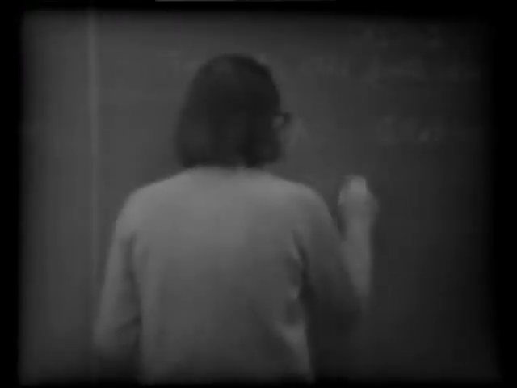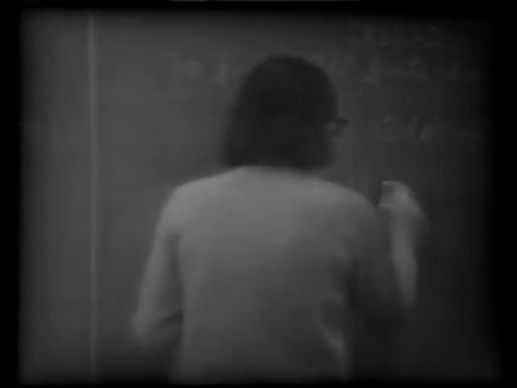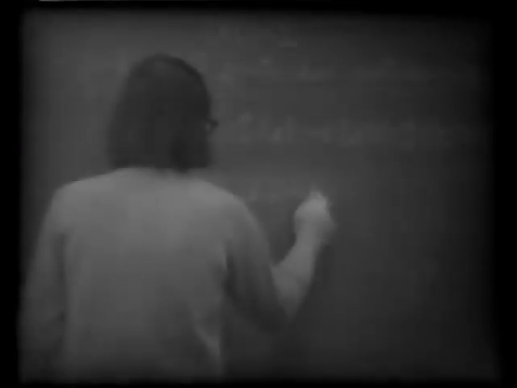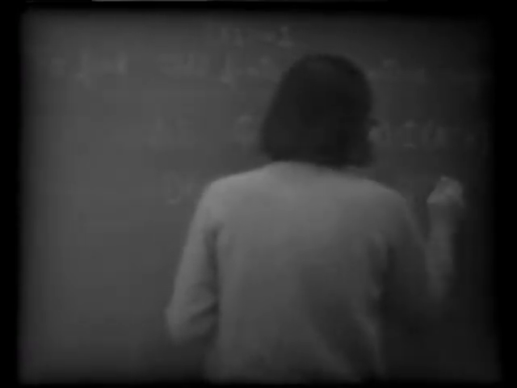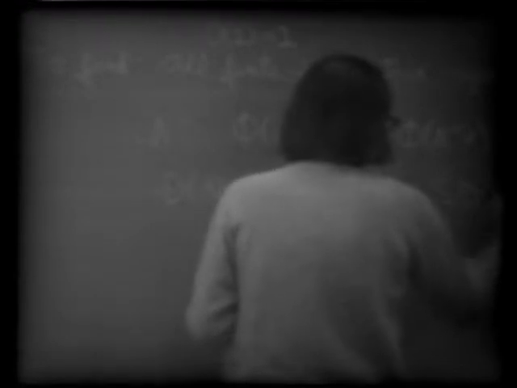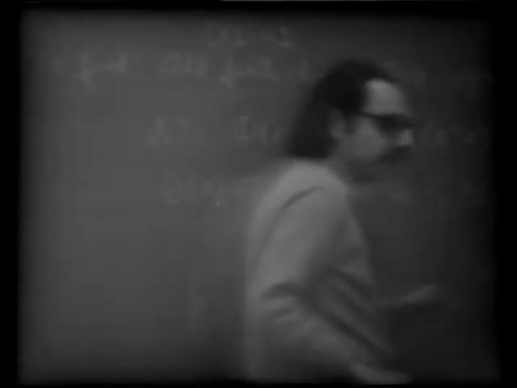If D of lambda is a representation, which I will write as rep from now on, so is S D of lambda S inverse for any fixed S, because it doesn't affect anything in the multiplication.